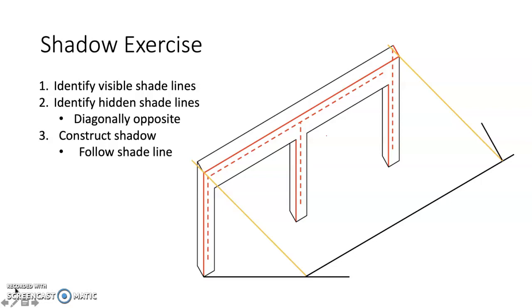Again, we'll use our diagonal, our altitude, to determine where it ends. The final line of our shadow shape on the ground is initially the shadow of the hidden shade line on the back side of our far column.